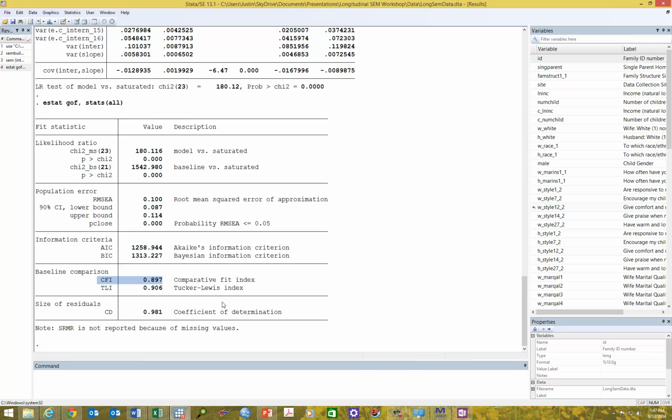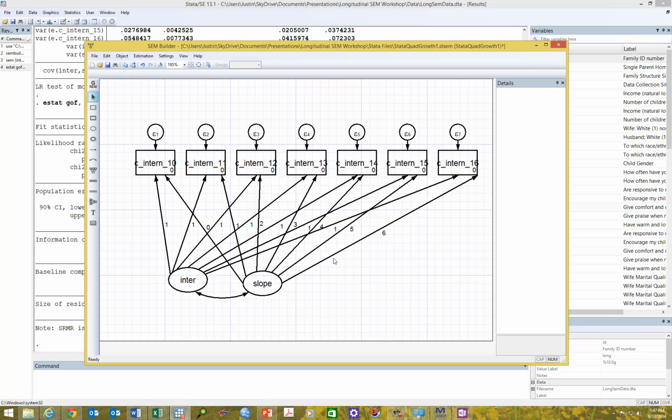So now let's go ahead and fit a quadratic model. Maybe the rate of change isn't the same from age 10 to age 16. Maybe that's curvilinear. So all we'll have to do here is add a latent variable, and we're going to call this quad because it's a quadratic term.